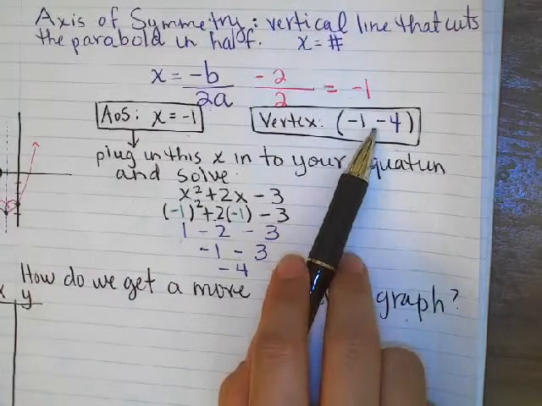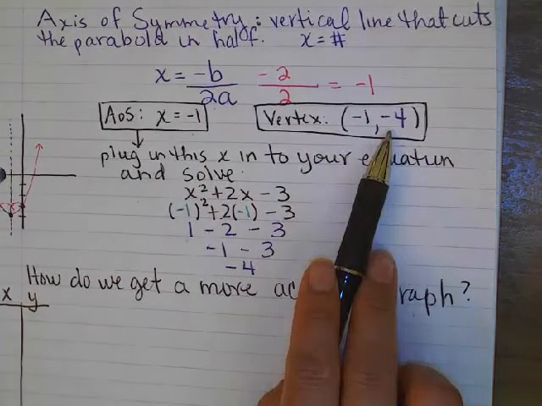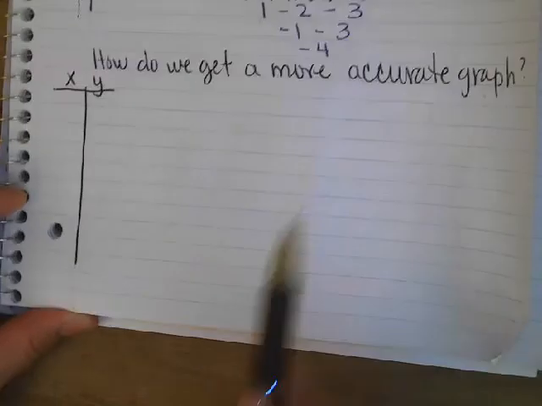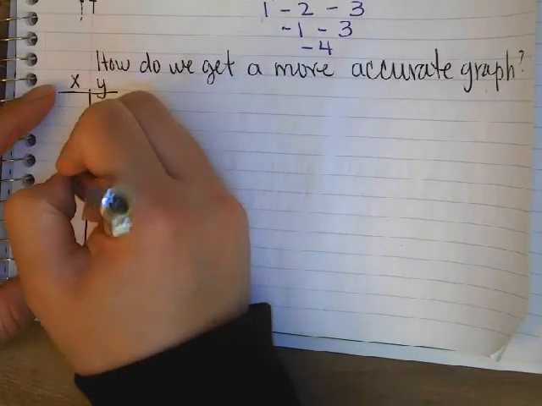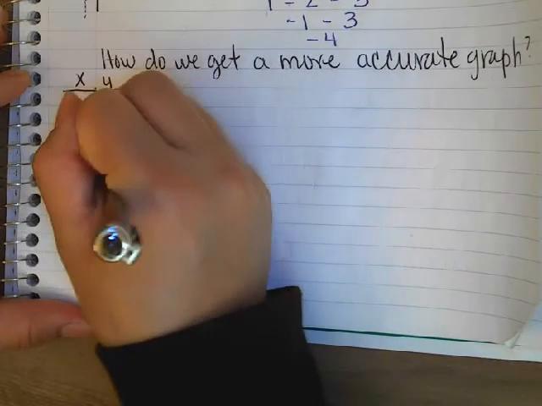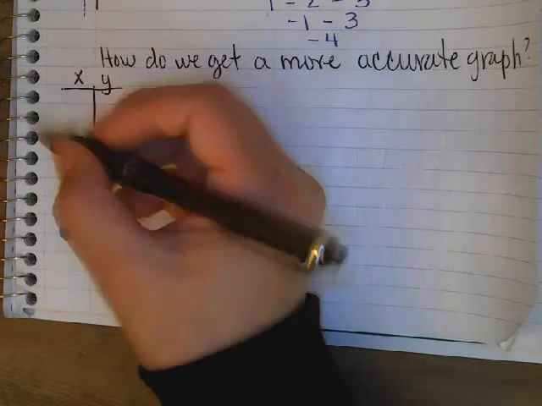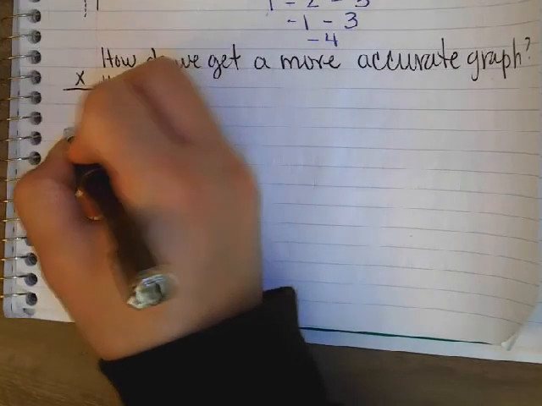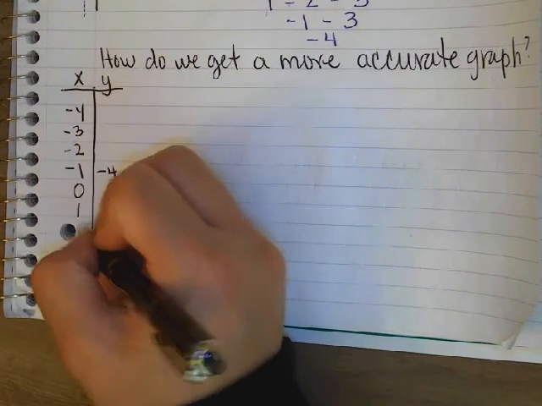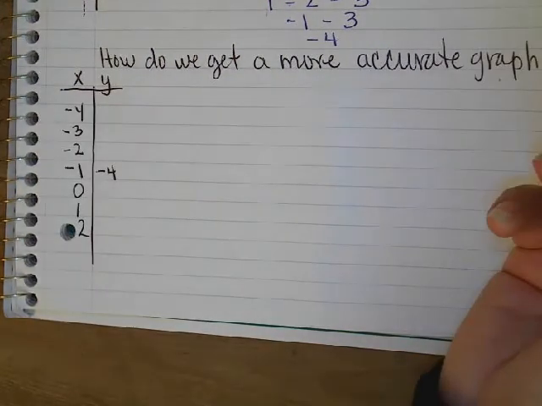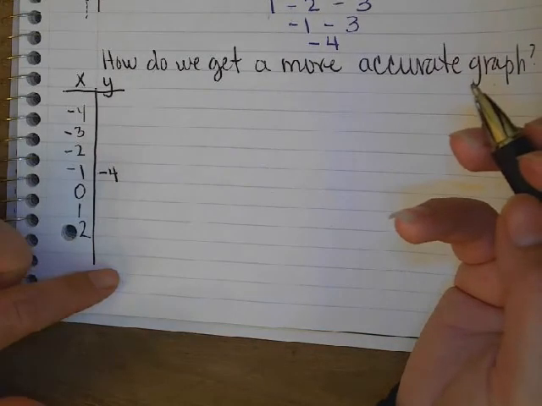Well, that's why it's important that you learn how to find the vertex, and then plug this in to find the y, and now you've got your vertex. I always like to put my vertex in the middle, sort of. Not that it's always going to be in the middle on the table, but now I know, if this is my vertex, I better include some numbers on this side, and I better include some numbers on this side. And that would give you a good, accurate graph.